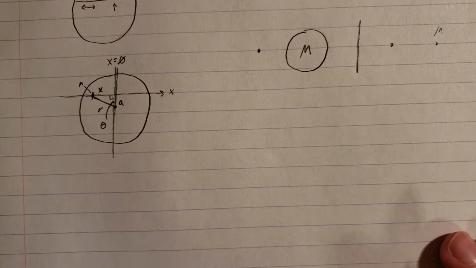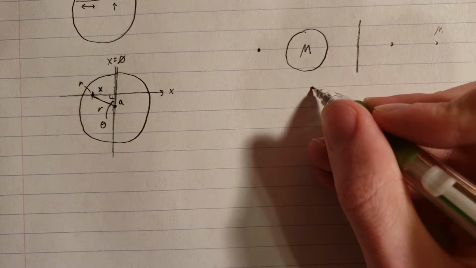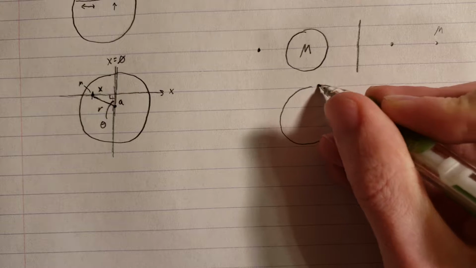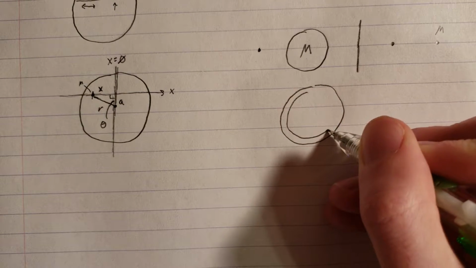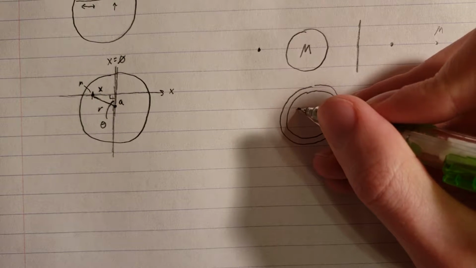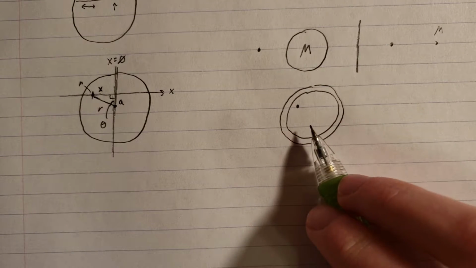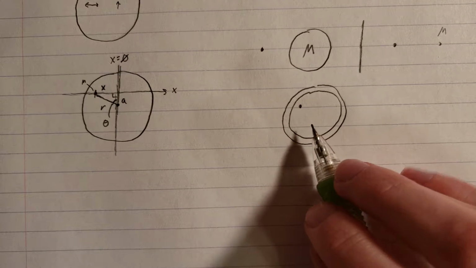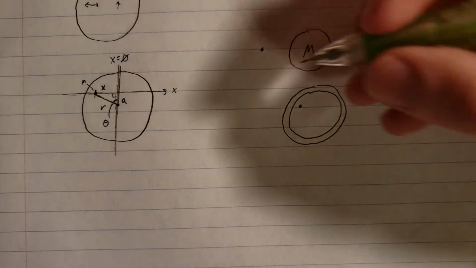Another simplifying idea, and this is one that we showed in problem 3 of the same problem set, if I'm not mistaken, is if you're a mass inside a hollow sphere, it doesn't matter where in the sphere you are, the net force on you is 0.